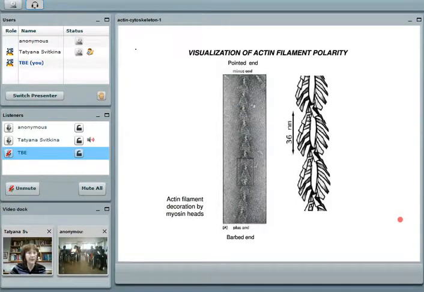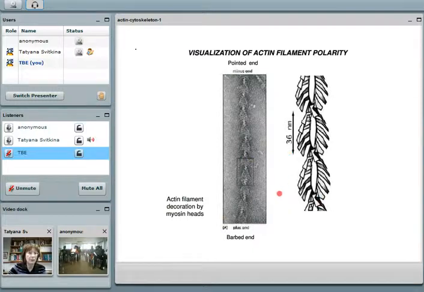And this polarity can be seen by electron microscopy. And the trick to see this polarity is to use the motor domain of myosin, which is a protein moving along actin filaments. So this motor domain binds to the actin filament at some angle. So if you saturate the actin filament so that each subunit binds one motor domain, it creates a chevron shape or arrowhead shape, which indicates that the two ends are different.